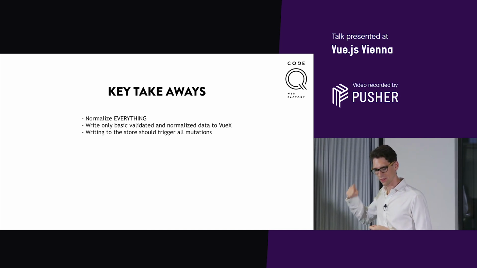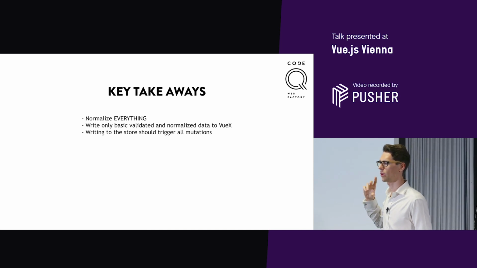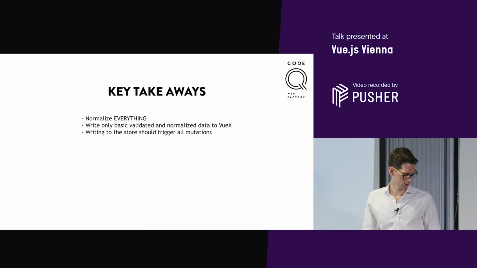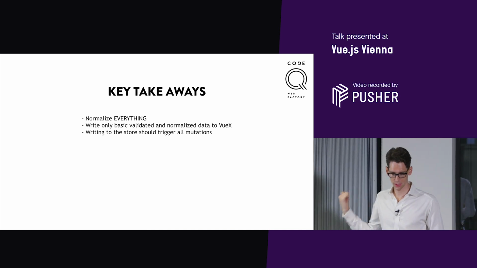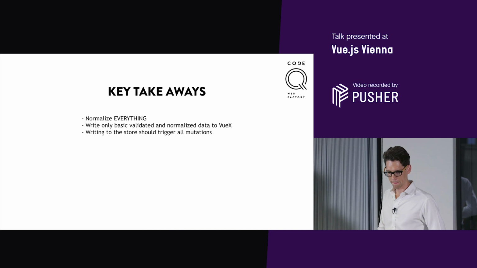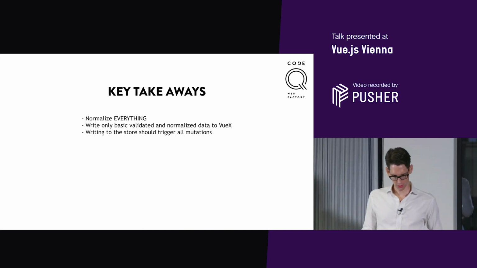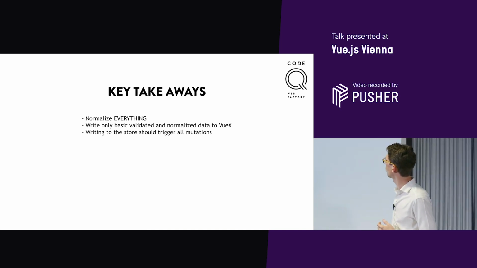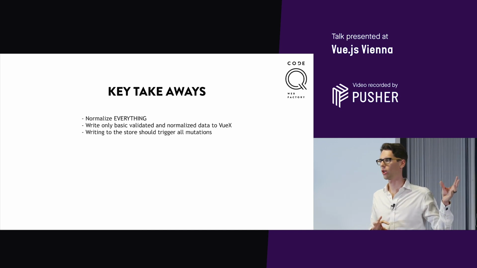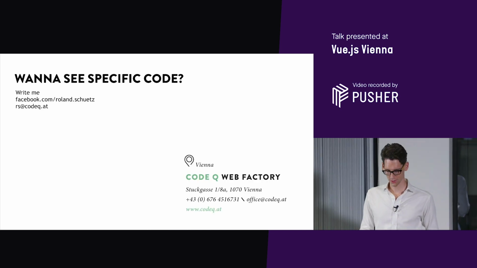Never, and that's connected, never save something in Vuex which has the wrong type or the wrong format, because it will mess up your application very easily. And handle all business logic, this kind of data logic, in Vuex. That makes your life easier.